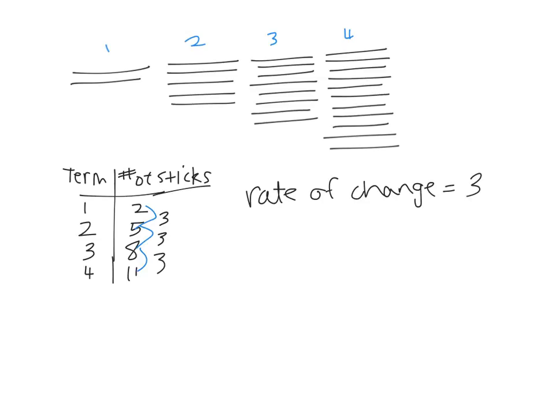Now if it asked me for the algebraic pattern, what it's asking me for is the equation. And so I could do n for the number of sticks equals, now I know the rate of change, so I can do 3 times the term.